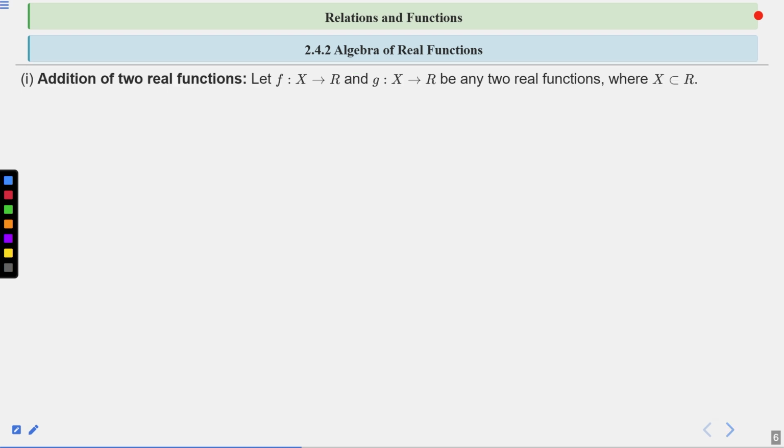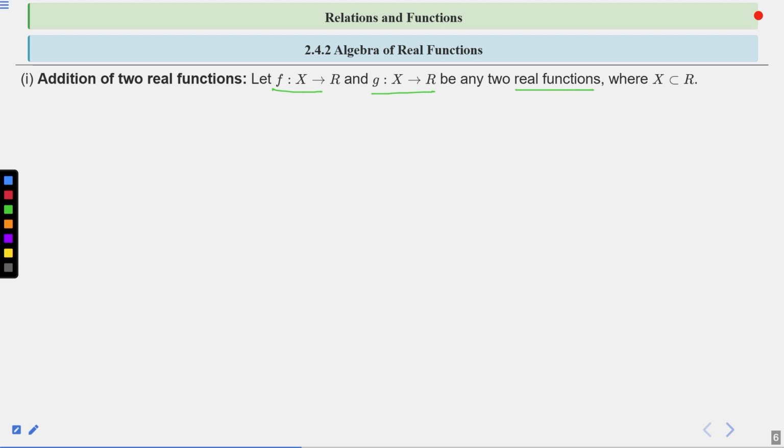So the first one, addition. If you have two different functions, f from X to R, g also from X to R, any two real functions, I hope that you all recall the definition of real functions.